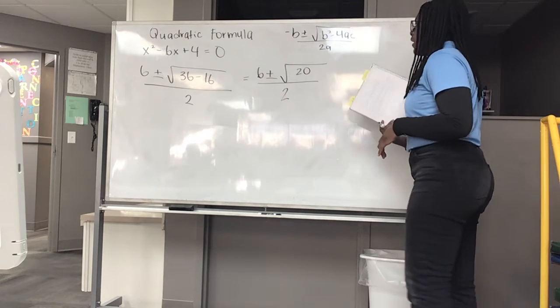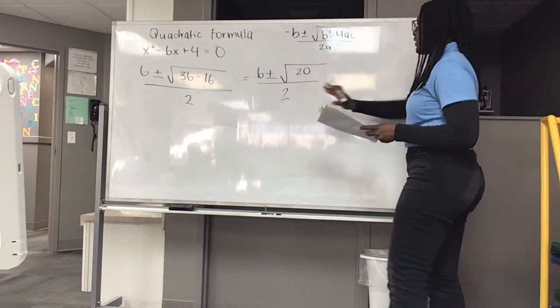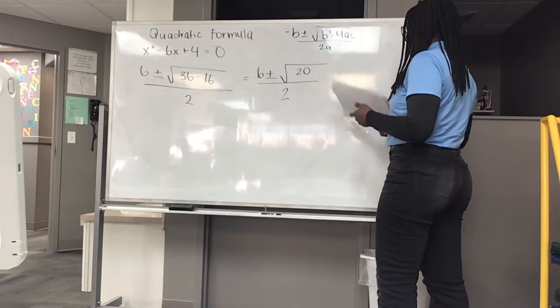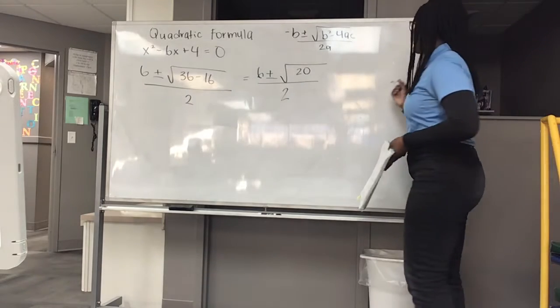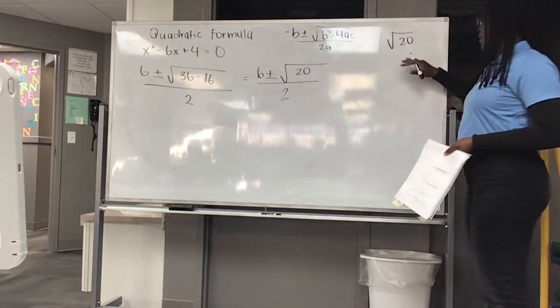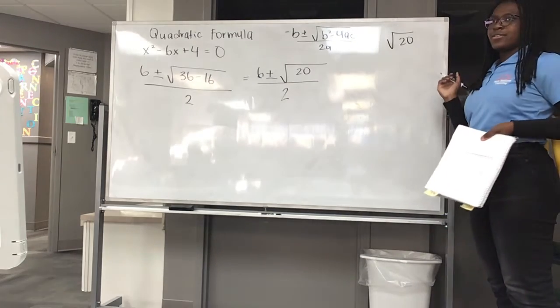Okay. And so we could simplify, like take a 2 out of the 6 and out of the 2 down at the bottom. But actually, with our square root 20, we can simplify that down too. If you guys have practice with simplifying square roots, there is a perfect square that goes into 20. You guys know what it is?